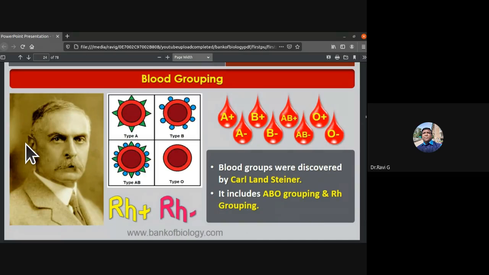I just want you to send a message in your conversation box as to how many of you have positive blood groups. Just send a message. Very good, the majority of you have positive blood group. Negative blood group, please send it as negative.